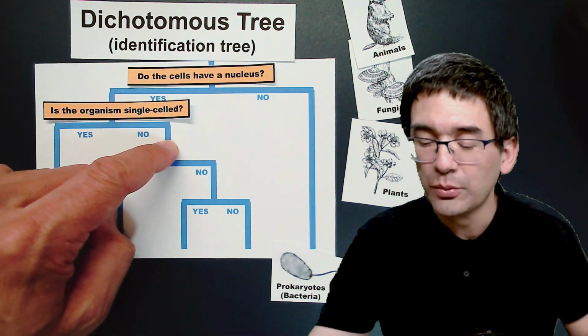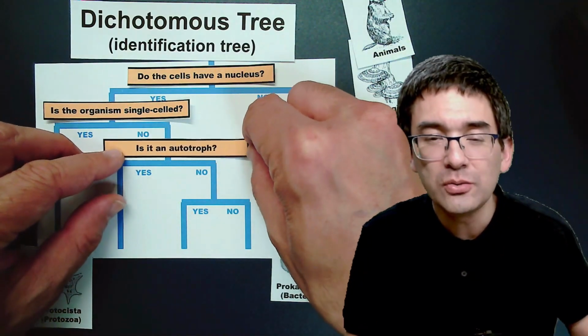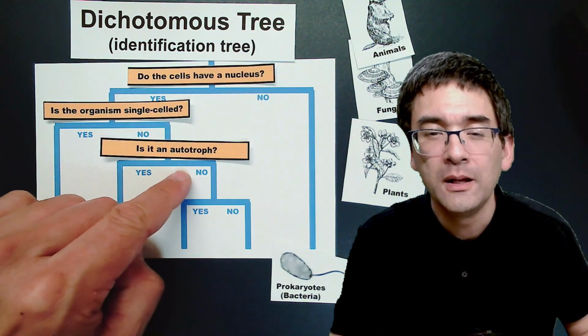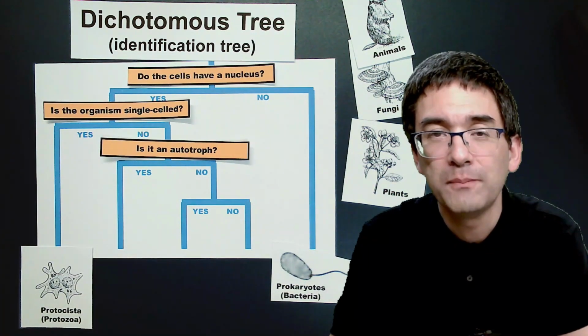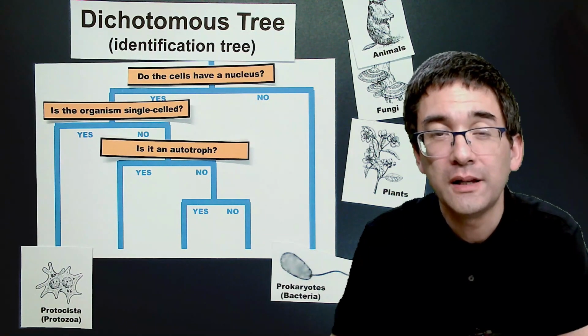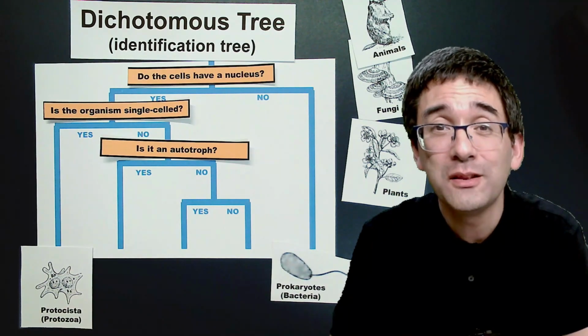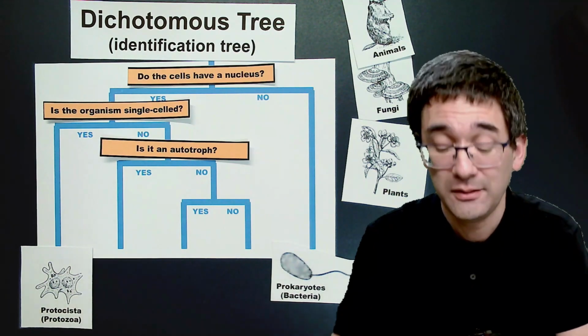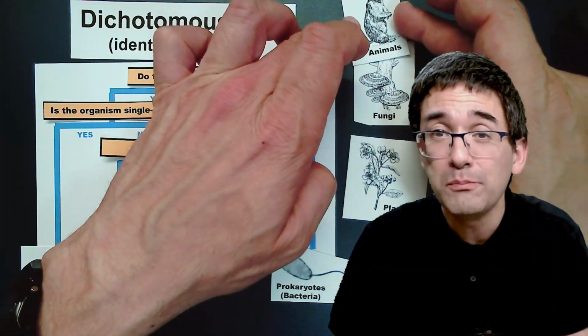And the next question that we're going to ask is the following: is it an autotroph? I think I need to explain this term a little bit. Autotroph means self-feeder. These organisms are able to make their own food. Which one of them, animals, fungi, or plants, are able to make their own food?